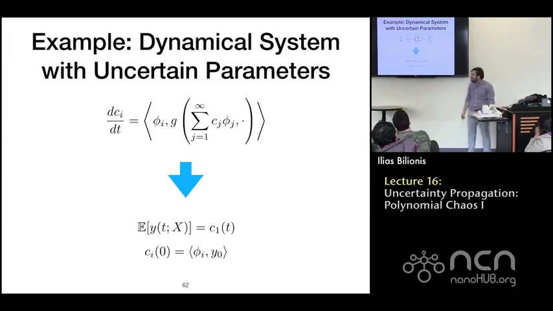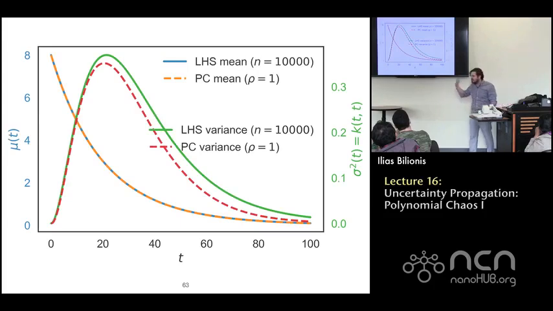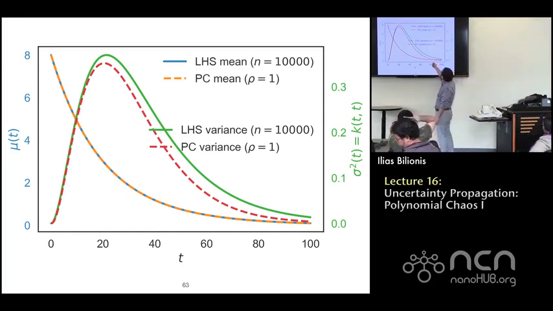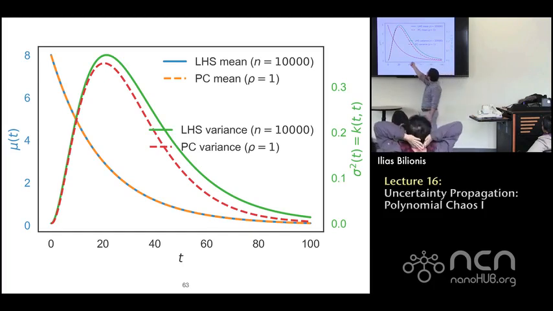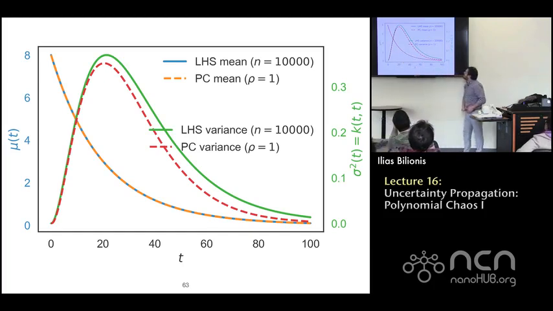You can estimate the variance, which is going to be the sum of the squares of all the coefficients, and so forth. In this way, you can propagate uncertainties efficiently, in this problem in particular. So for example here, the solid curves are Latin hypercube estimated uncertainties, the mean and the variance, with 10,000 Latin hypercube samples.